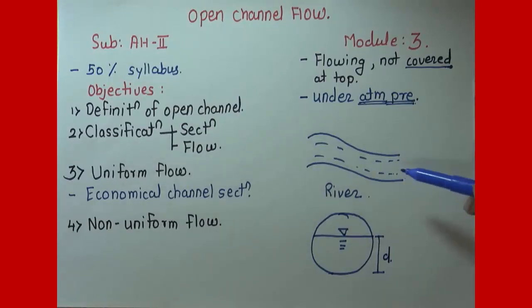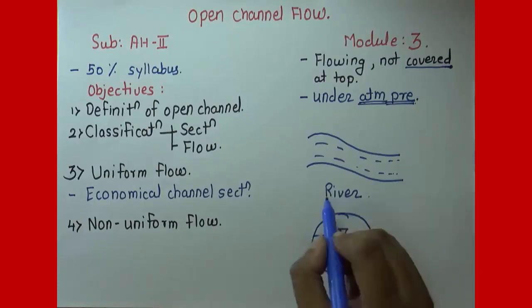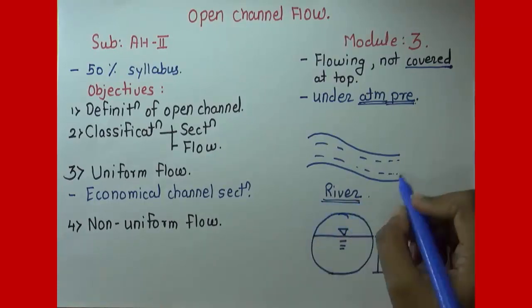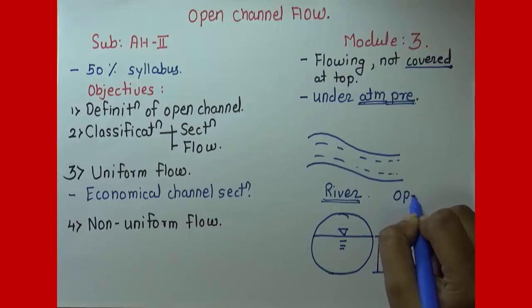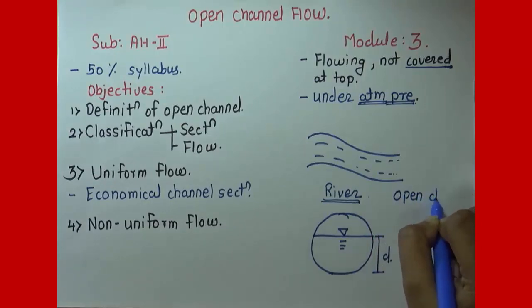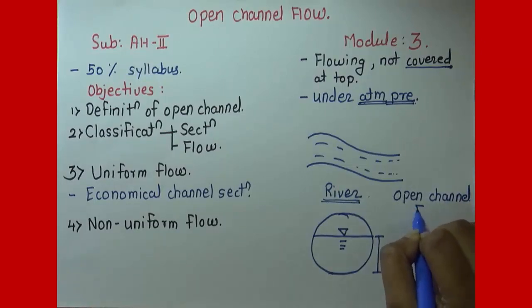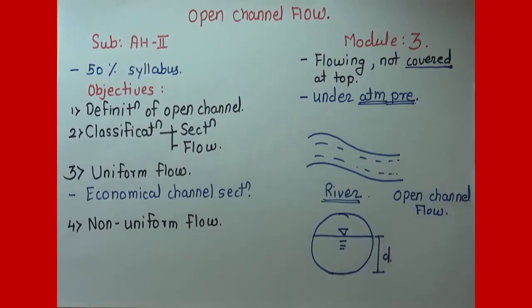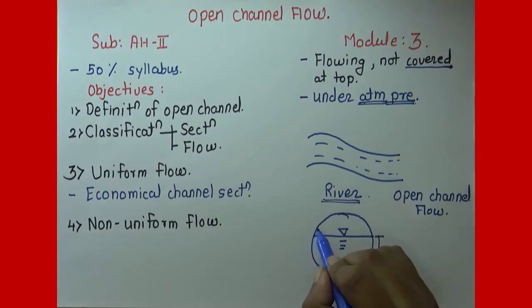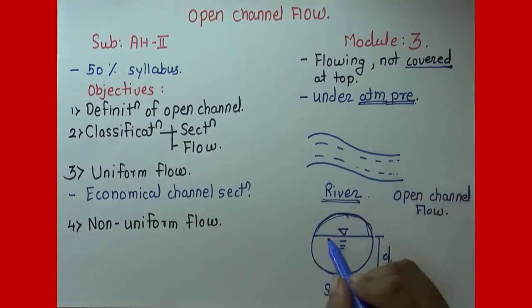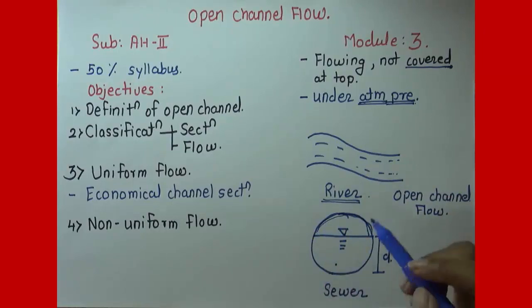Now, when we put forward these two examples, the very obvious one is that the river would be taken as open channel flow without any hesitation or doubt. But that's not the case with the sewer, because many of us would think that since it is covered at the top, it won't be open channel flow, but it will be a closed flow.